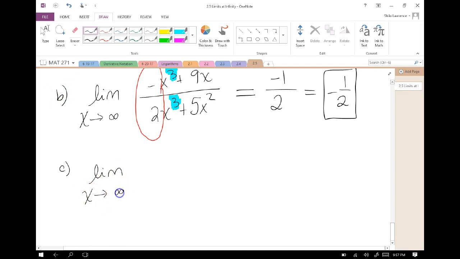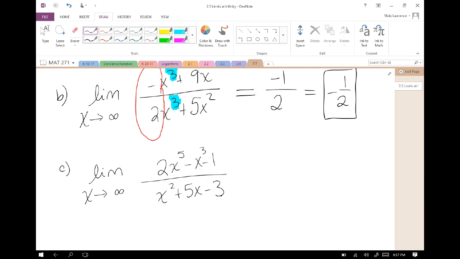The limit as x approaches infinity for 2x to the 5th minus x cubed minus 1 over x squared plus 5x minus 3. We want to know what's happening on this graph as x approaches infinity.